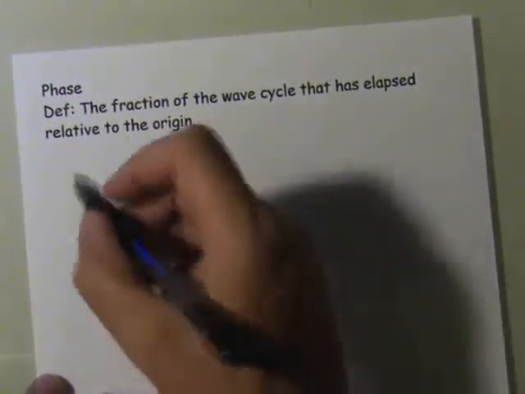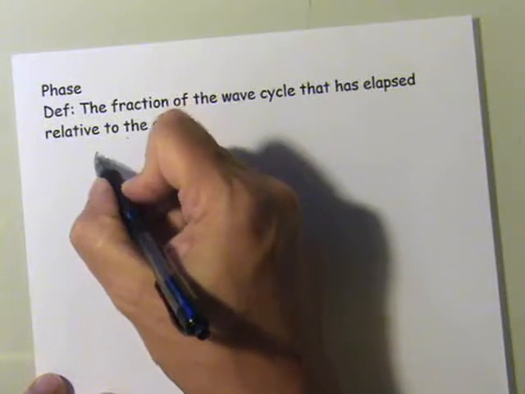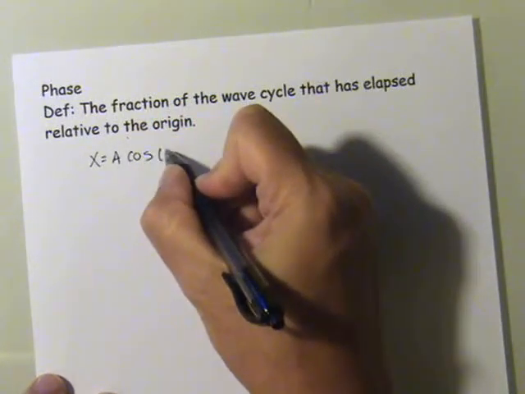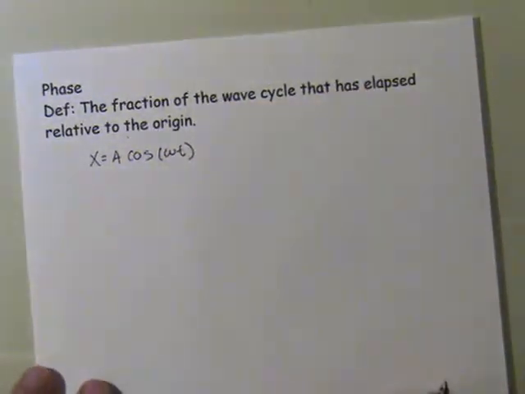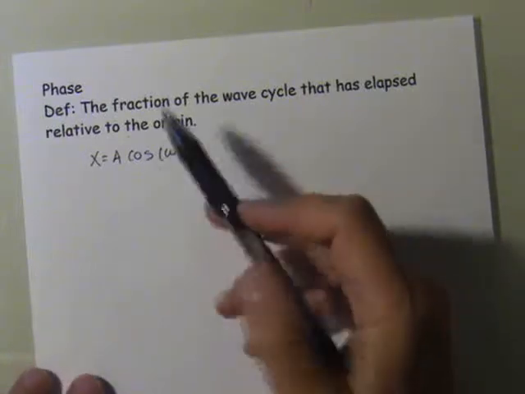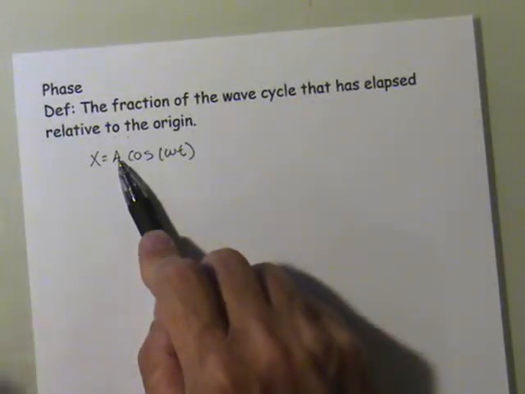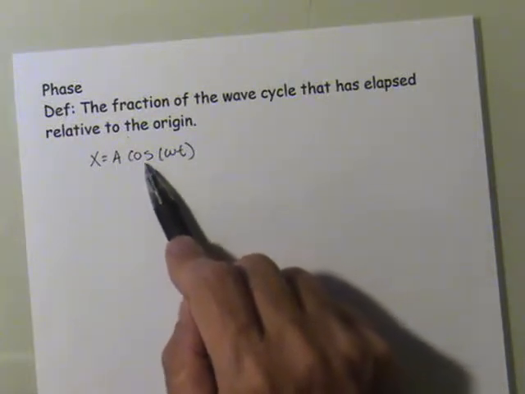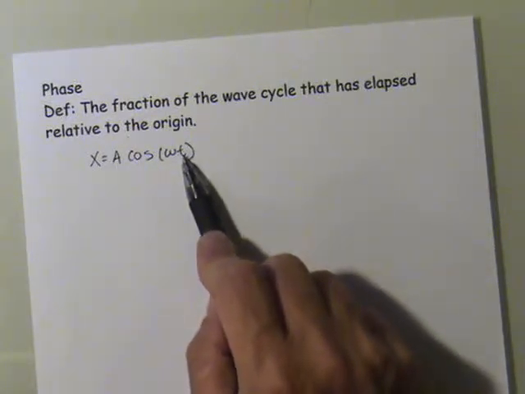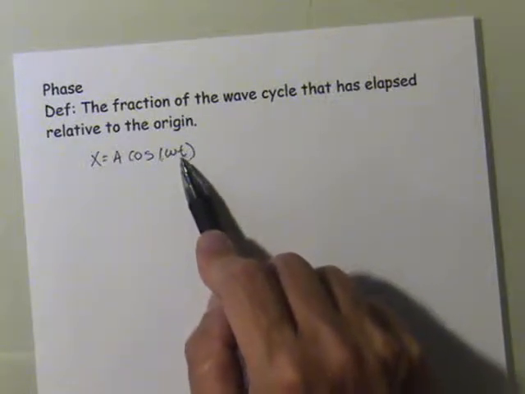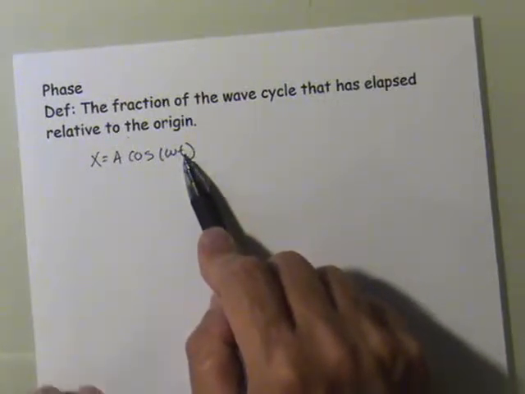So just to give you an example, we've looked at this equation that x is equal to A cosine omega t. And that works great as long as the oscillator at time equals 0 is at its maximum amplitude, because the only way for this cosine to become positive 1 when we start at t equals 0 is if the argument is 0, or any multiple of 2 pi.